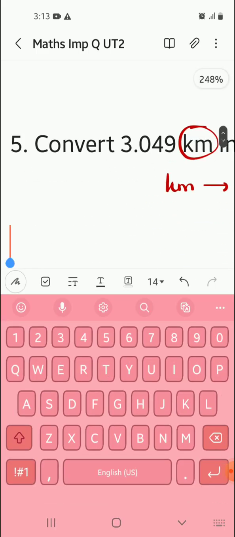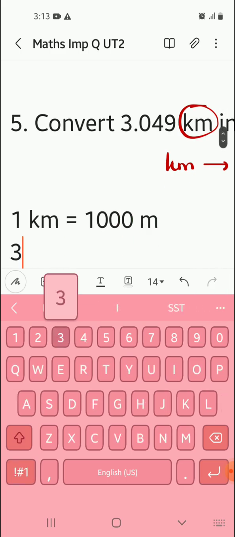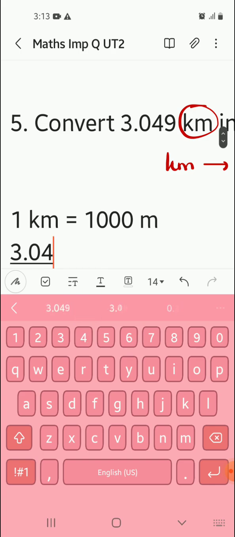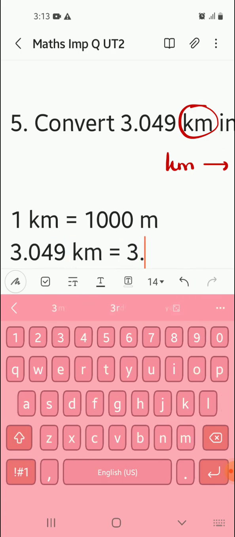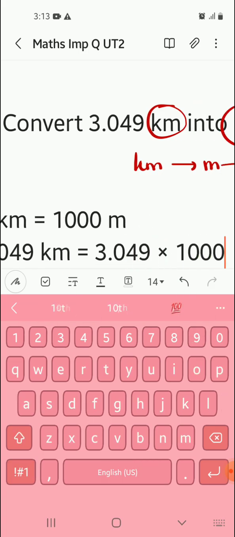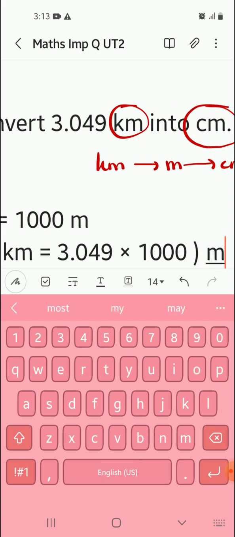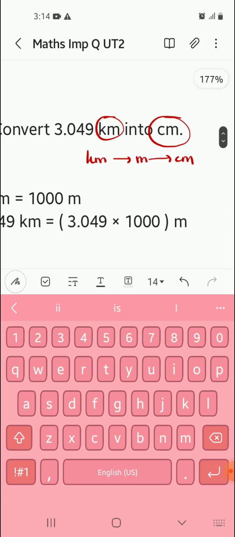We know 1 kilometer is equal to 1000 meter. So of course 3.049 kilometer will be 3.049 into 1000 meter. Write this within brackets.